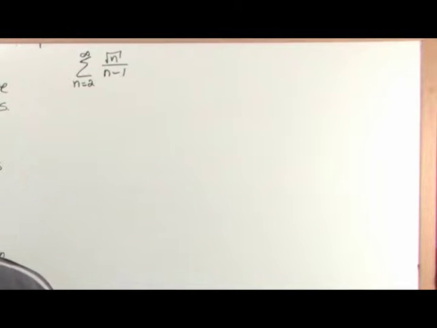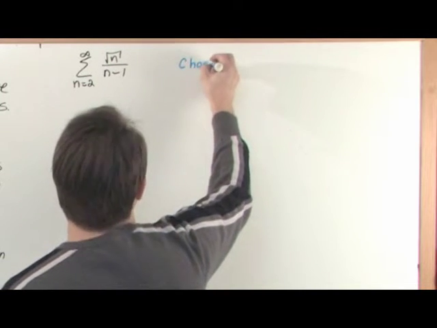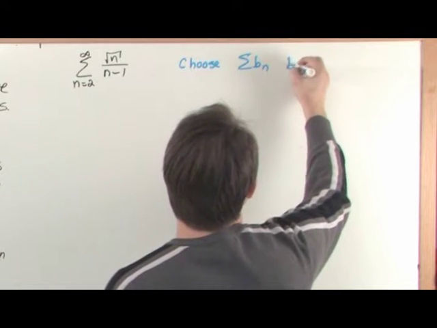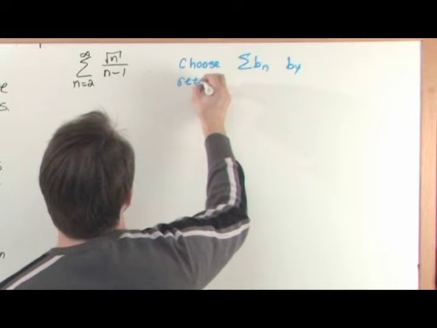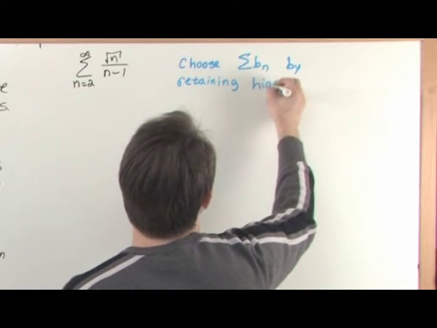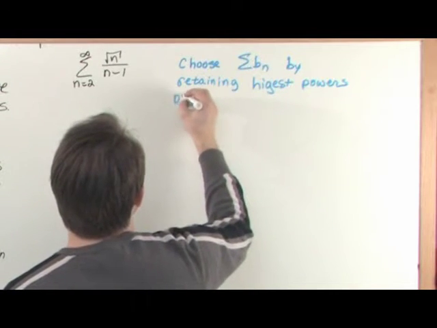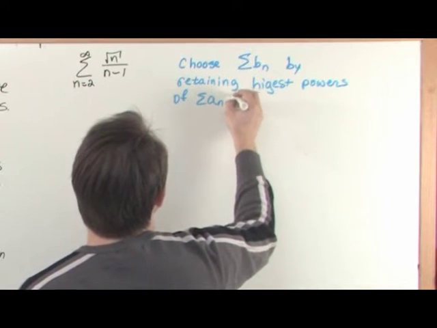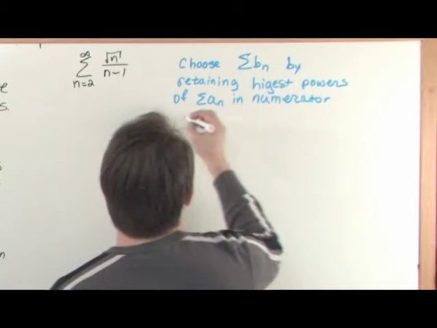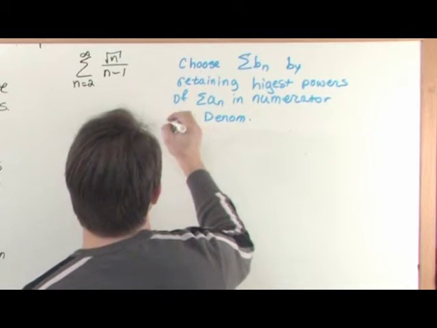My recommendation to you when you're using the limit comparison test is to choose b sub n by retaining the highest powers of a sub n in the numerator and denominator. Okay? It's a lot of words, but it's really easy.